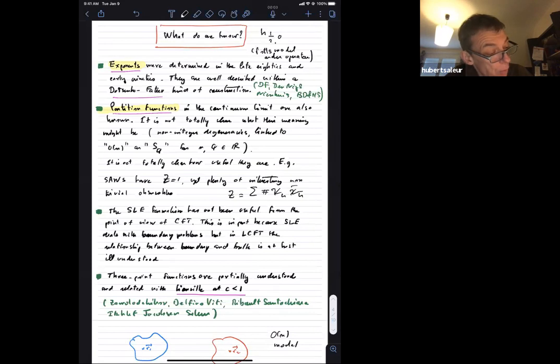There's been a lot of work in trying to define what O(n) and S_Q might mean for n real or q real, and what this has to do with the multiplicities in the partition function. I guess Slava would have a little bit more to say about this, based on some mathematical works that my own feeling is they don't contain much, but at least it puts the problem into a much fancier context.